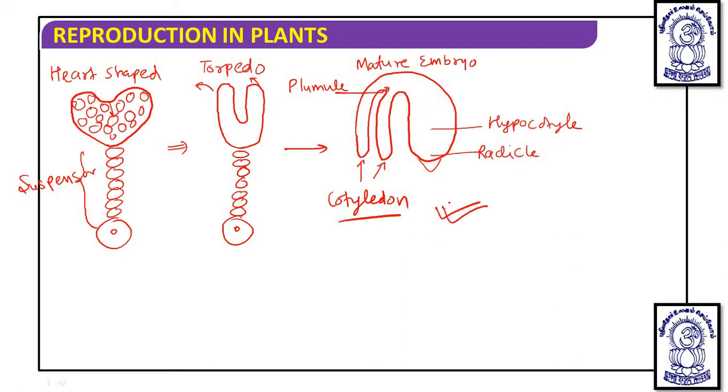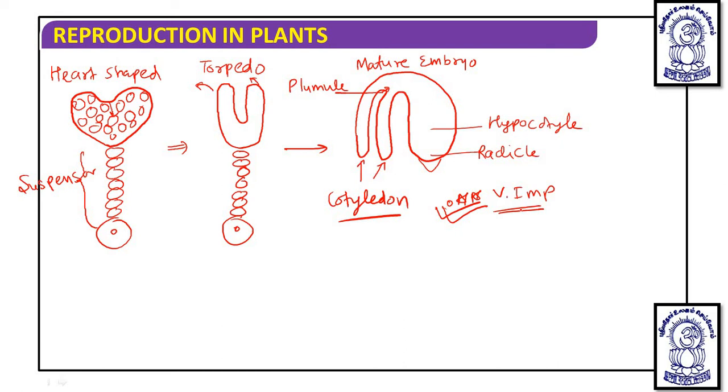You should remember this labeling according to NCERT. It is very much important. And the suspensor gets dissolved. So this is the dicot mature embryo.